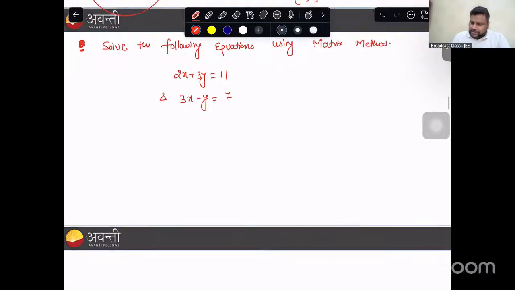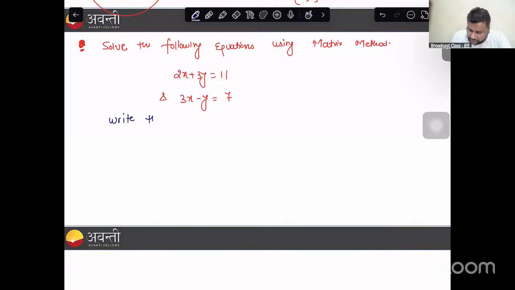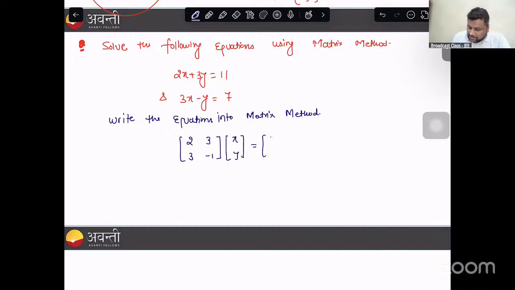So I'm doing it, then you check your answer. First of all, write the equations in matrix form. So it is [2, 3; 3, -1] multiplied by [x; y] equals [11; 7].